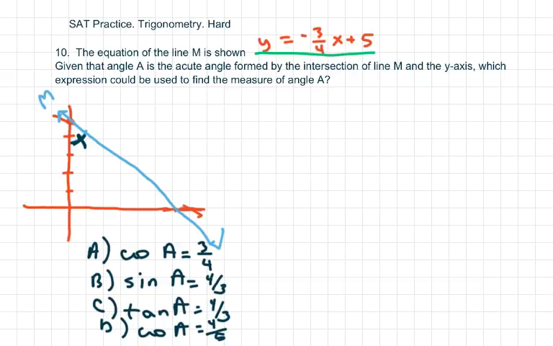So basically, we're starting at 5 here, but we're going to use SOHCAHTOA on that, and we're trying to find what expression can find this angle.